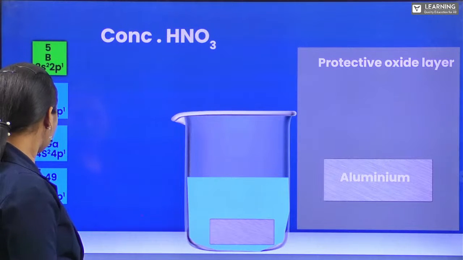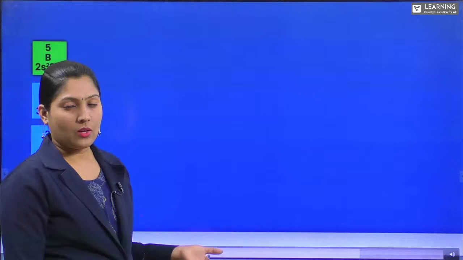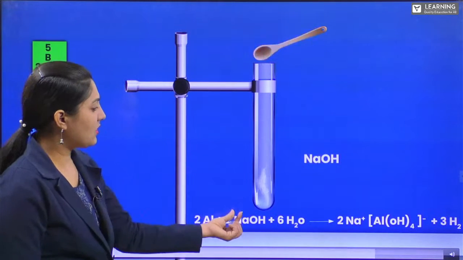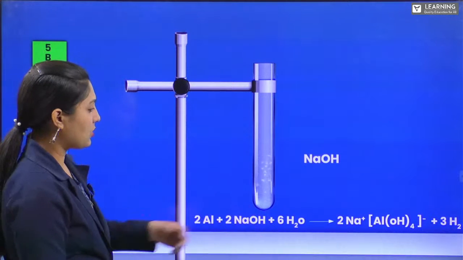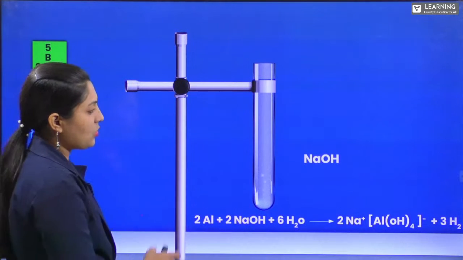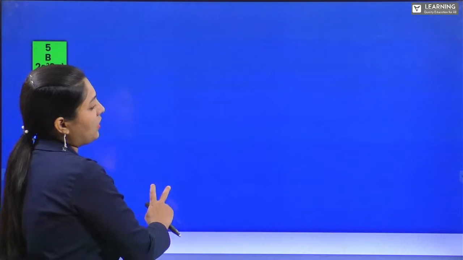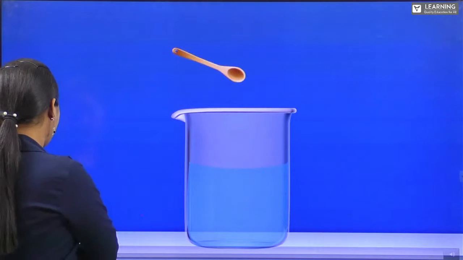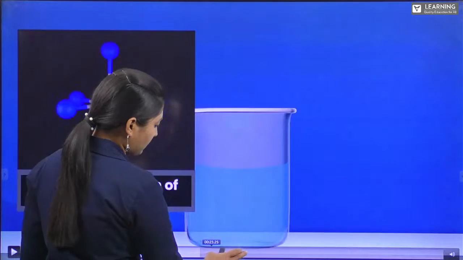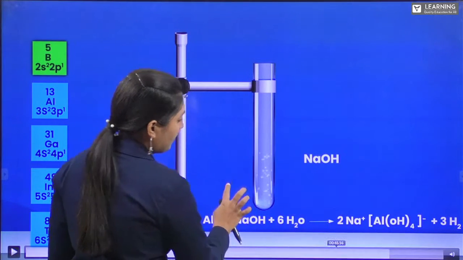But when aluminium is added to the base, whenever you take NaOH, it is solid in state, and when you add water you get the aqueous solution of NaOH, the base. When you add aluminium, we again get bubbles coming out, which is hydrogen gas liberated, with a complex formed.